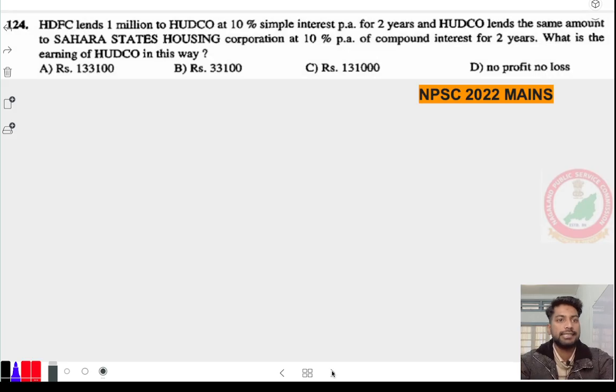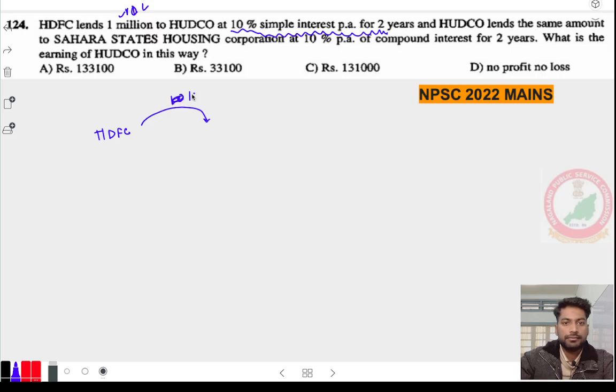Okay, HDFC lends 1 million, 1 million means 10 lakh, 10 lakh to Hudco. Hudco is a company, at 10% of simple interest for 2 years. देखो यहाँ पे देखो, HDFC ने क्या दिया, one bank gave money 10 lakh to Hudco at the rate of 10% for 2 years, but SI.